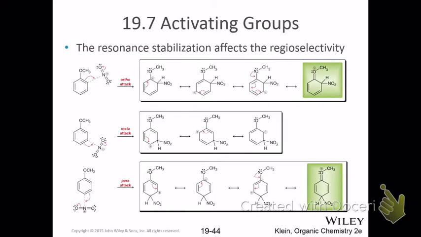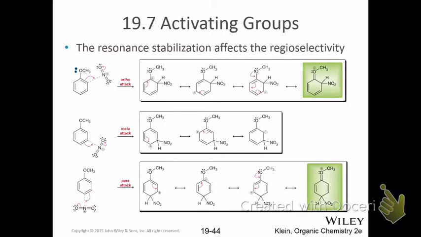Okay. So ortho attack, right? You notice what happens in the ortho attack when you have an electron donating group that has a lone pair. Anisole has a lone pair there. That's a gigantic lone pair.